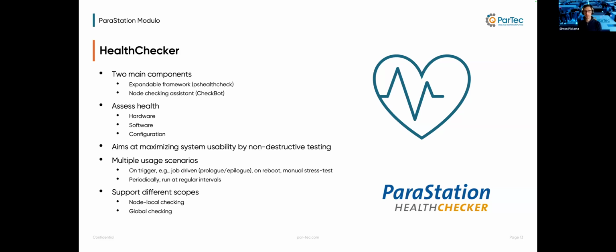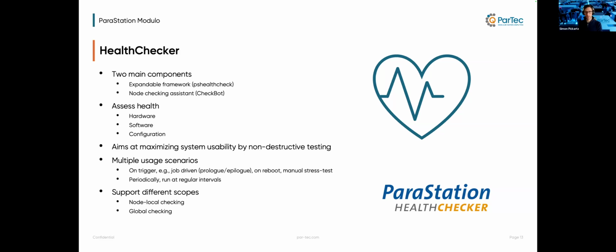And on trigger is that we integrate the ParaStation Health Checker, for example, with the prologue and epilogue phase of the resource management system, meaning that we run a certain amount of small tests and checks on the compute nodes just before a job is being executed.